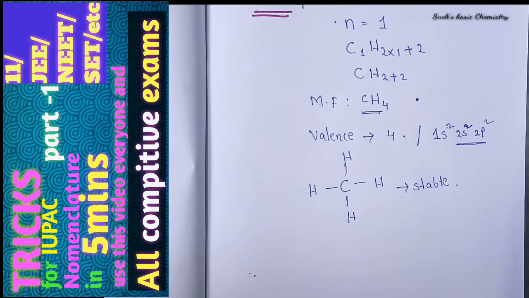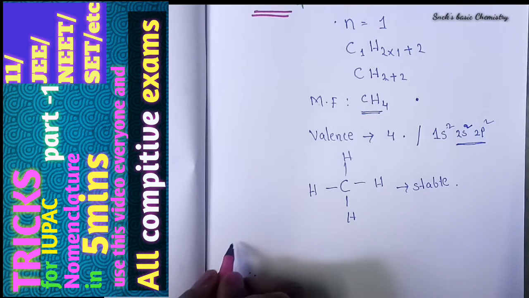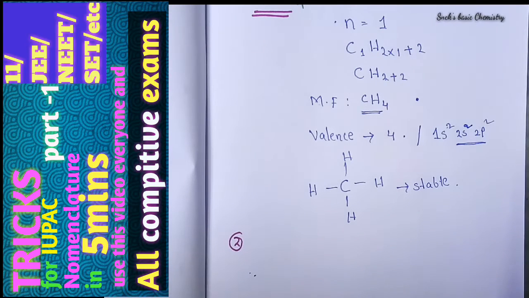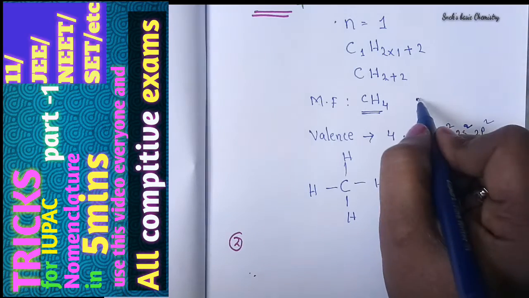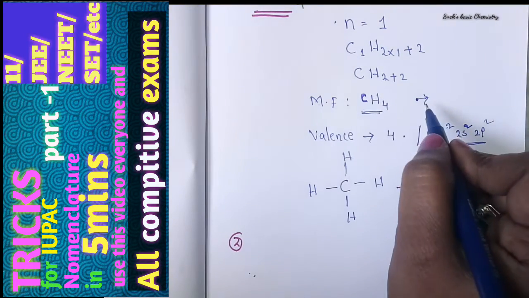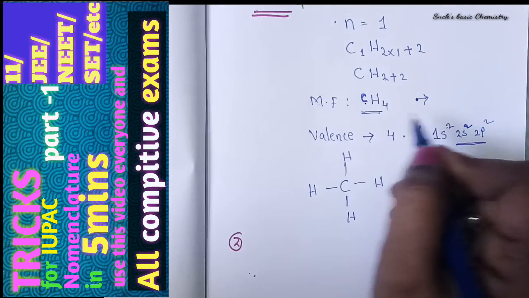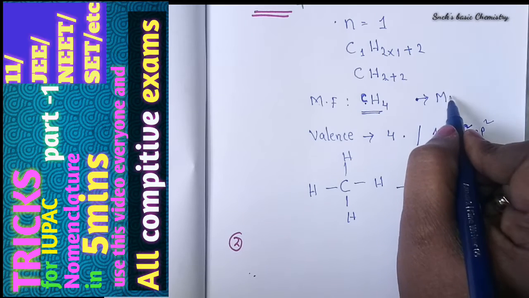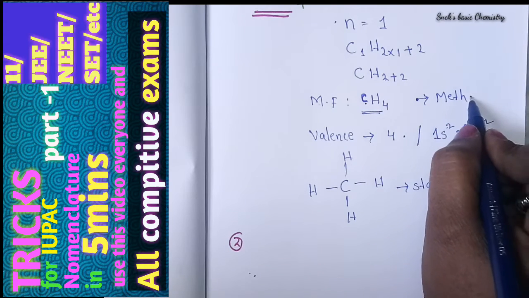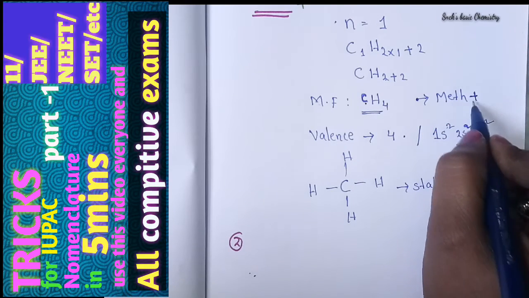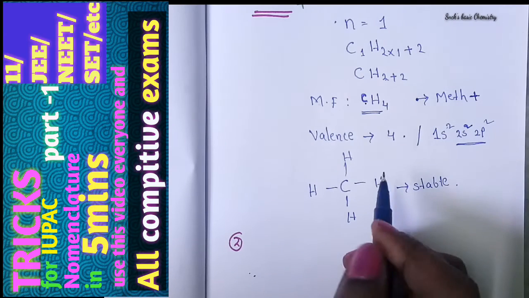Next, another one, ethane. Here, how many carbons are there in the IUPAC name? One, so we call it, according to IUPAC rules, meth. Which bond is present?